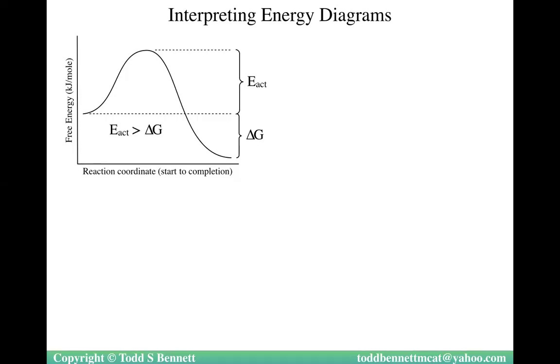So in this case, if the activation energy is very high and delta G is very low, and that's often the case, then the amount of energy the reaction generates won't be enough to propagate it. So you have to sustain a certain amount of energy in the system. You have to heat it, or you have to provide some way for it to continually have input energy to overcome the activation barrier.